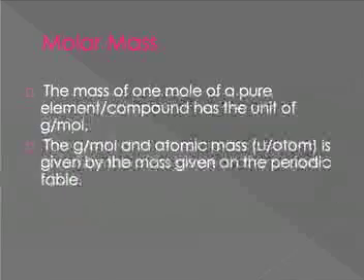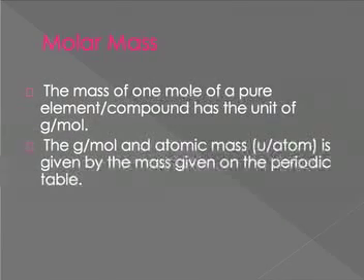So, molar mass. The mass of 1 mole of a pure element or compound uses a unit g over mole. Mole is simply abbreviated by mol, and you read it the same way, g over mole.